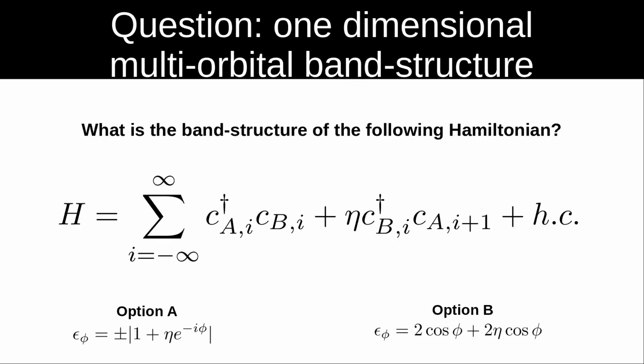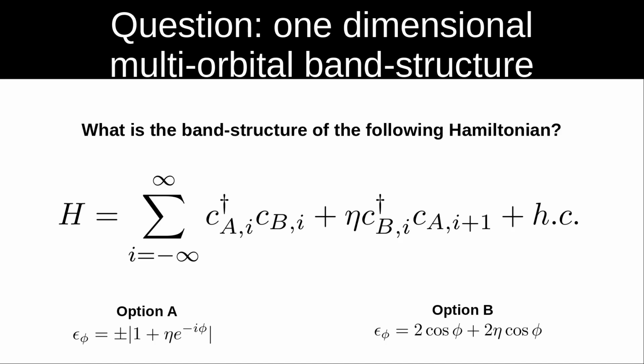Okay, good. So now we know how to go from a real space basis of a Hamiltonian with several orbitals per unit cell to the diagonal basis, the basis where the Hamiltonian is completely diagonal. So now a question for you is, what would be the dispersion relation?